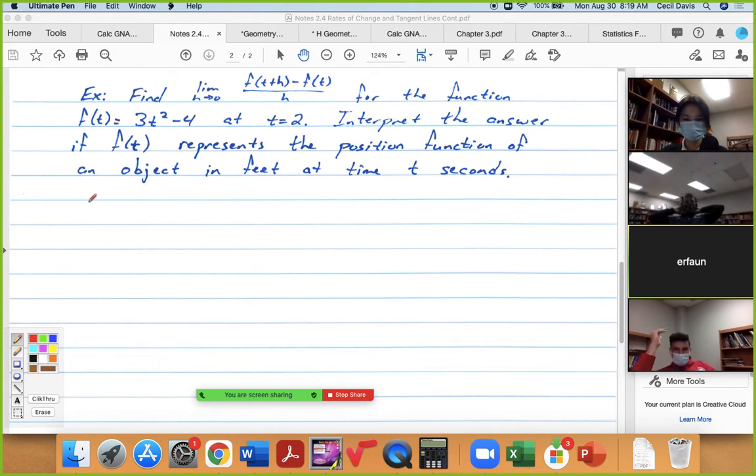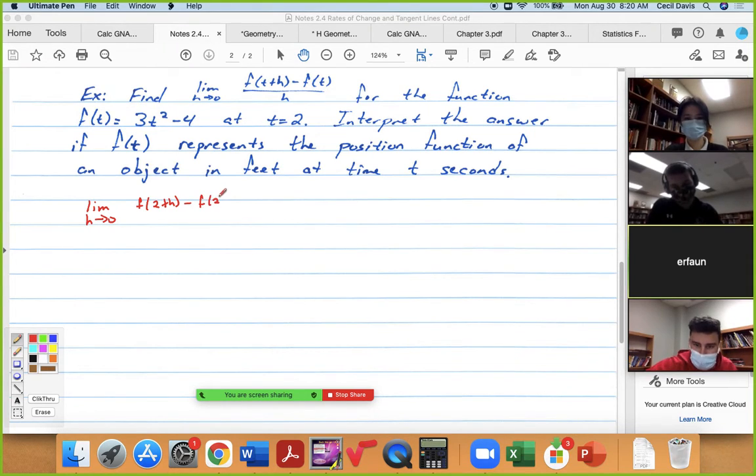So we're going to find the limit as h goes to 0 of f of 2 plus h minus f at 2 all over h.